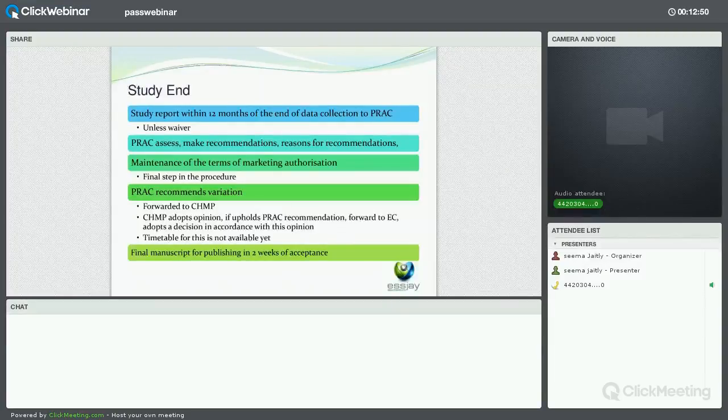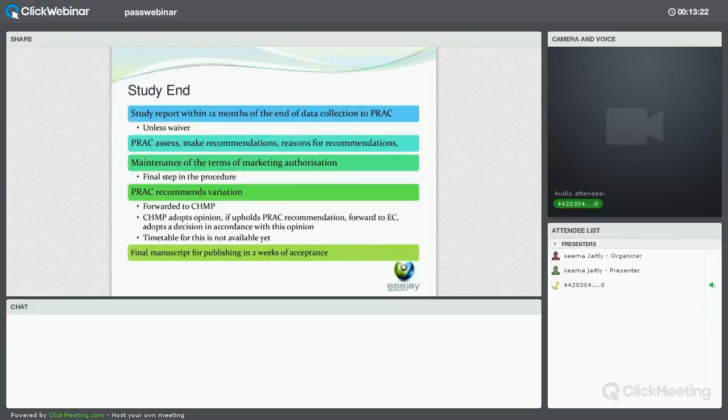And you can either have a maintenance of your marketing authorization, and that will be the final step, or you could have a recommendation for variation of your license, which will then be forwarded to the CHMP, and then the CHMP will adopt the opinion and forward to European Commission. There's no timetable as yet for this process as a whole, and I'm not sure how many companies have had experience with this. I haven't seen any data as yet.